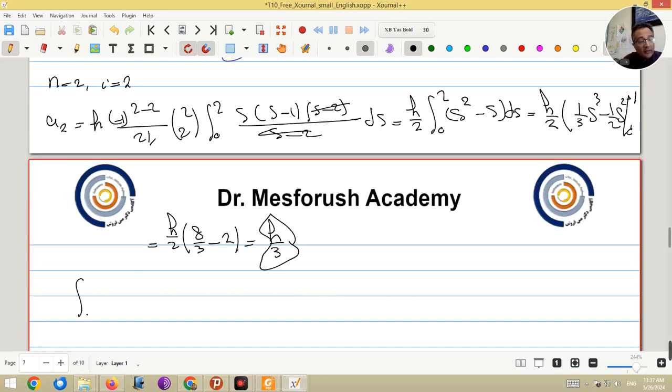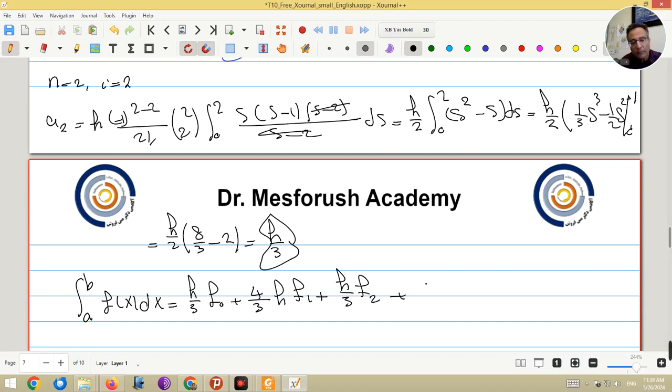Okay, so the integral from a to b of f of x d x is equal to, if you put a0, it's h over 3 f0 plus 4 over 3 h f1 plus h over 3 f2 plus E, right?